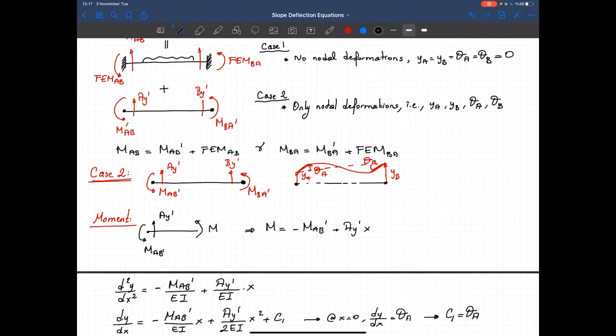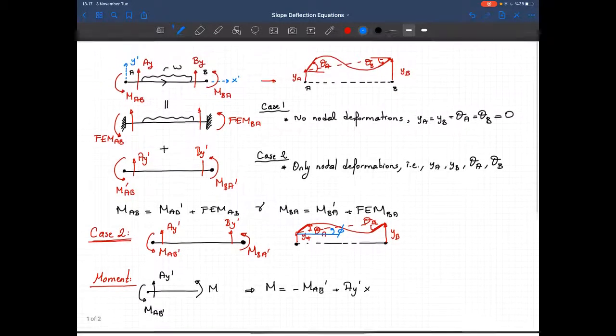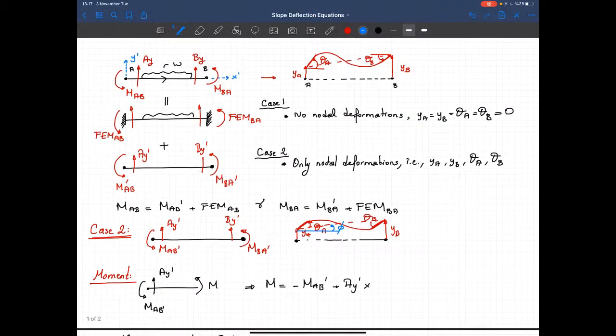If I call this angle my phi angle, the chord rotation, then phi is equal to yB minus yA divided by L. So this is called chord rotation, and according to our definition here, it is measured in the counterclockwise direction.